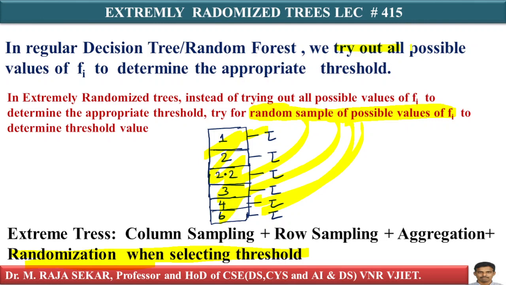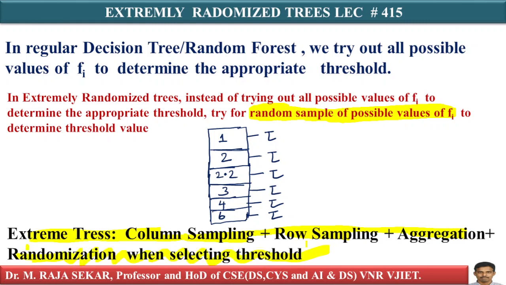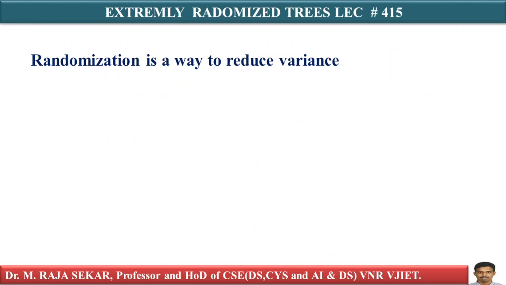In the case of extra trees, column sampling and row sampling are common with random forest, but the extra thing is the randomization when selecting the threshold, especially for real valued features.